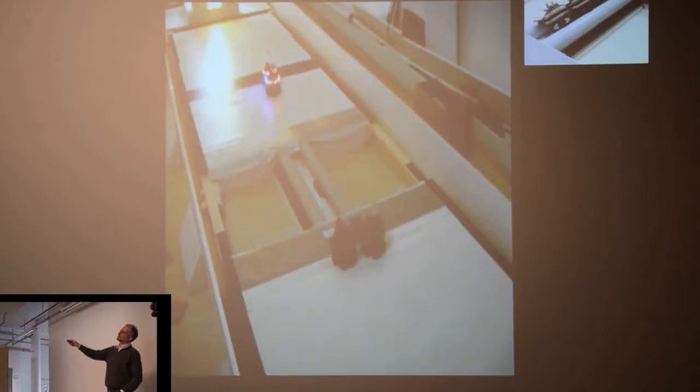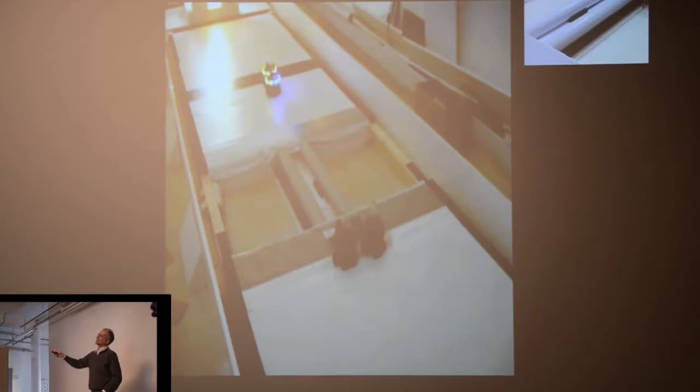Here you see that if they choose a wrong morphology, they cannot pass over the bridge.